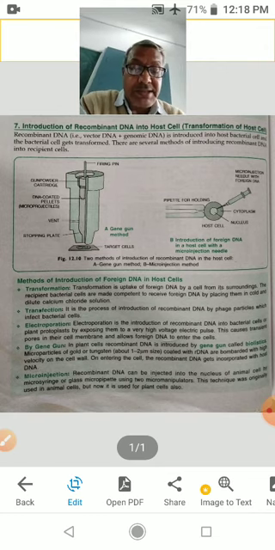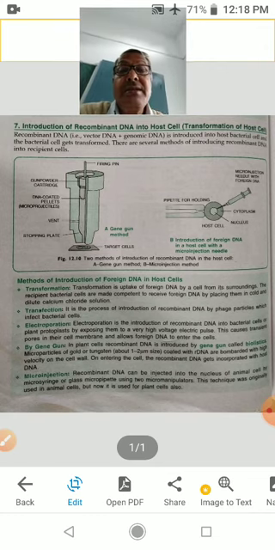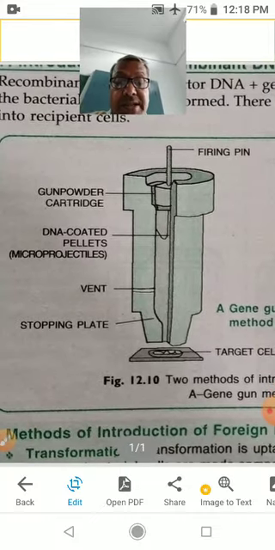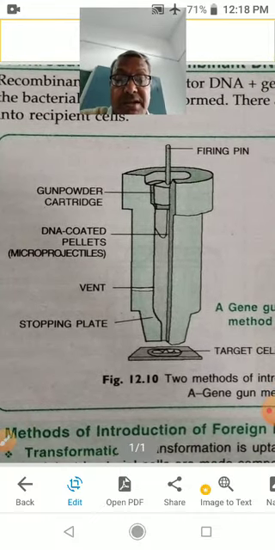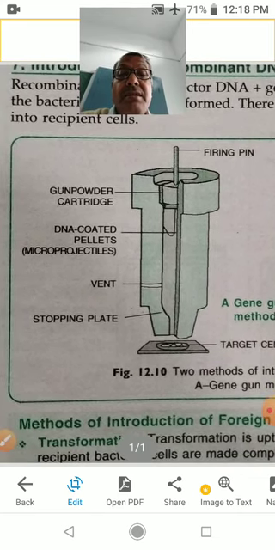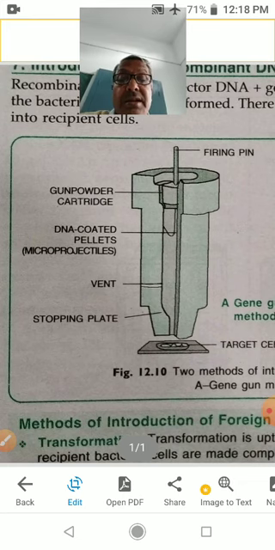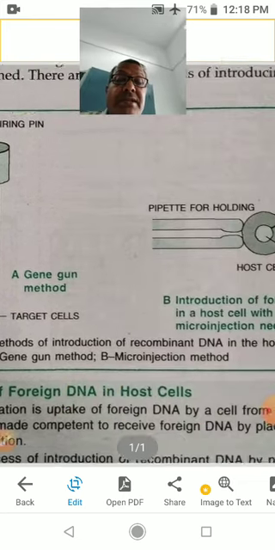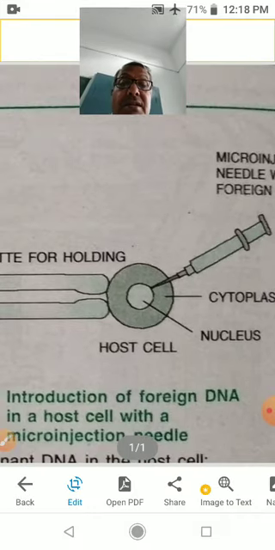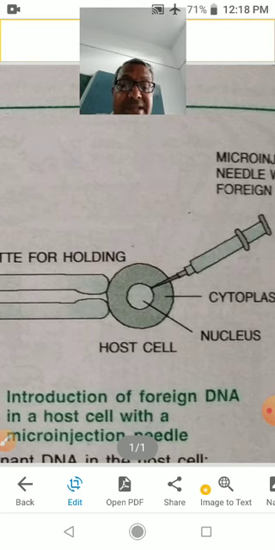There are two methods as given in this figure. This first method is a gene gun method, and the second method is the introduction of foreign DNA in a host cell with a micro injection needle.